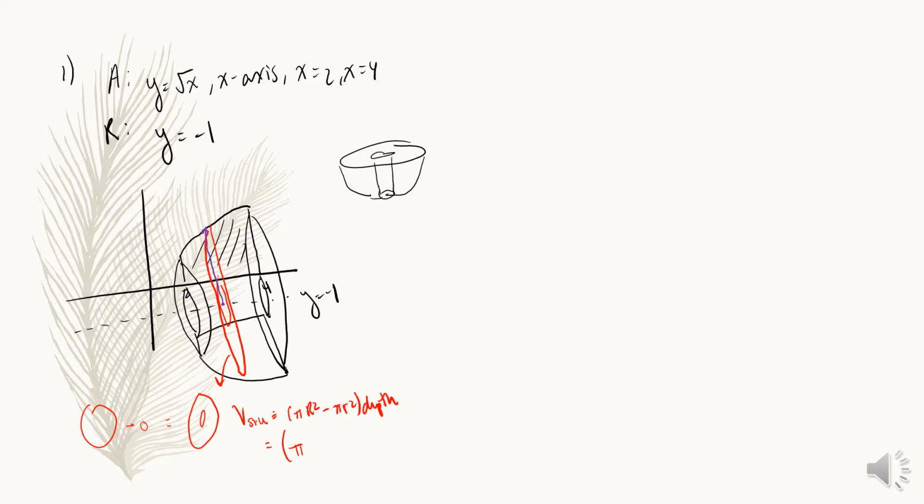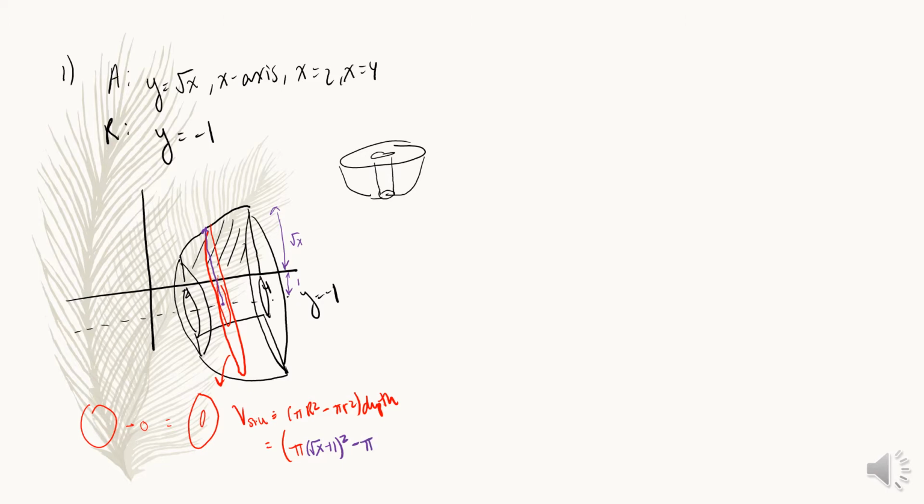That big radius is the curve, but the curve only goes to the x-axis, and then plus 1. So this distance was square root of x. This distance is 1. I know it's y equals -1, but the distance is 1. So my big R is square root of x plus 1. And we're going to be squaring that.